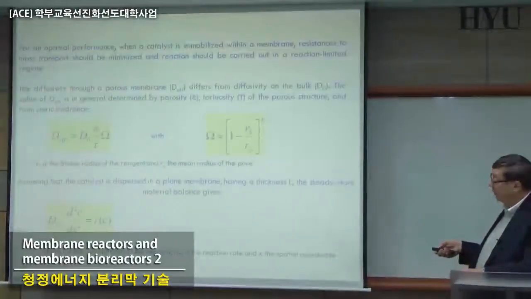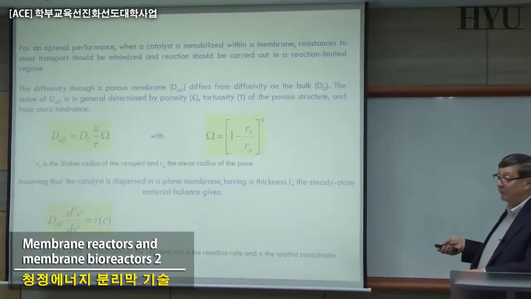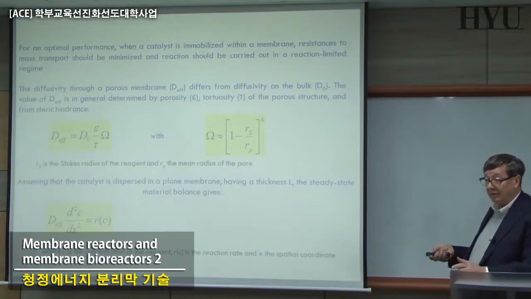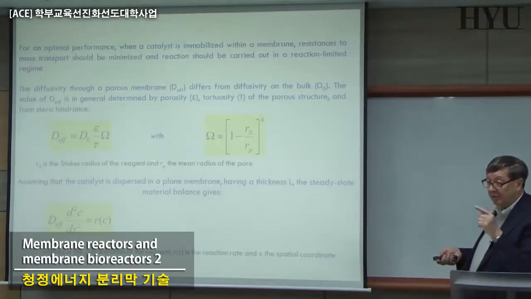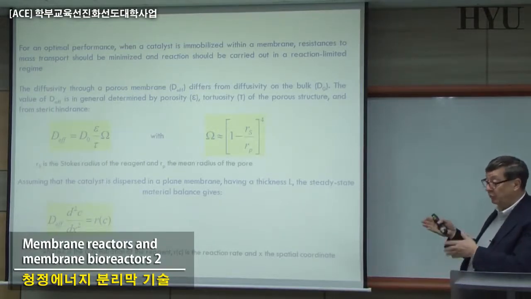For example, when you have your mixed matrix membrane, if for any reason your membrane is swelling, and that normally happens, the thickness of the membrane you can see in the lab when you are doing your experiments can change with time, just when you put it in water or during the reaction itself.